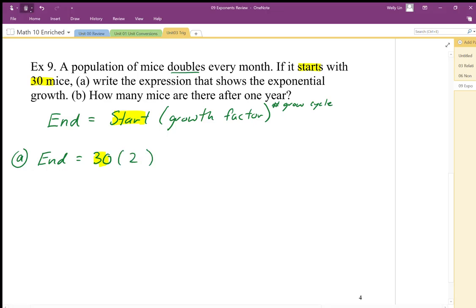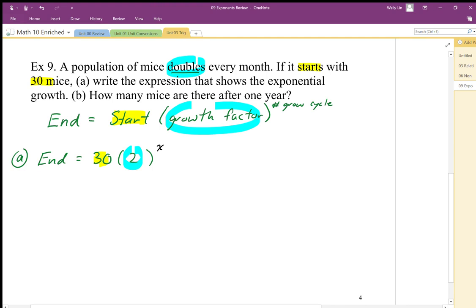So it's doubling. And the number of growth cycles is going to be our unknown. So we'll call that x. So that's how many growth cycles we're going to go through. So this is a function that calculates the end population after x number of months.